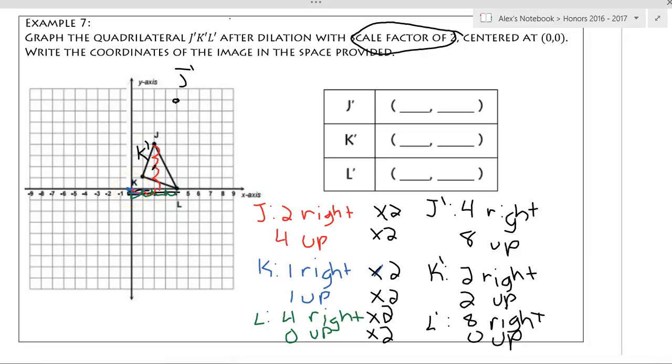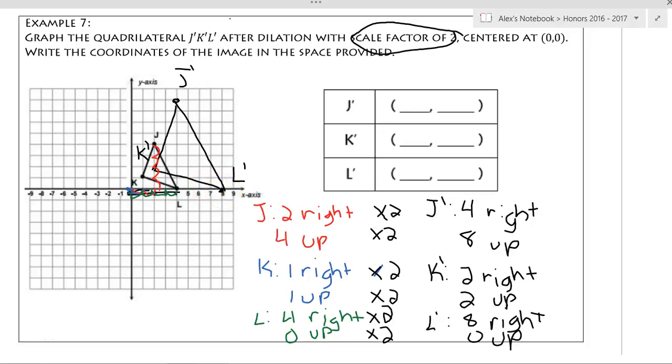And then L prime is 8 right, 0 up from that center point. So then I'm going to connect all my points. And then I can write the points in.